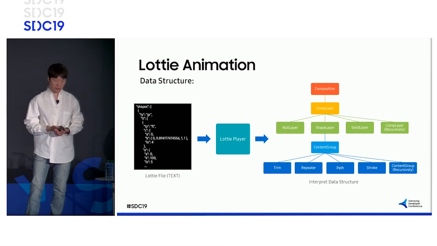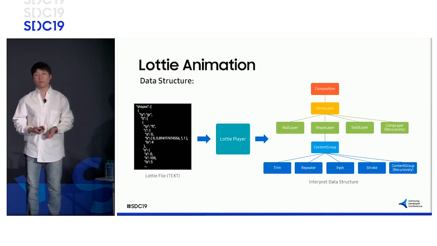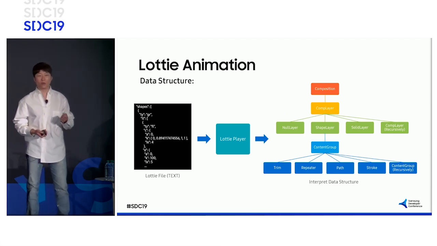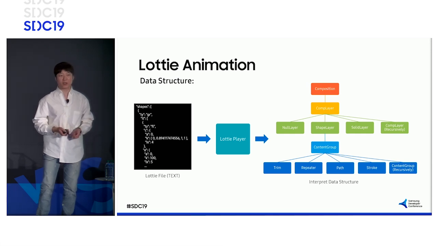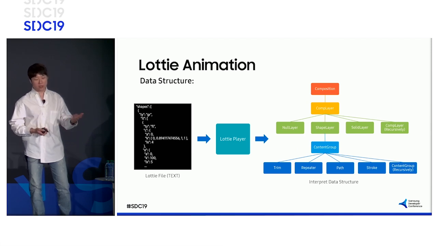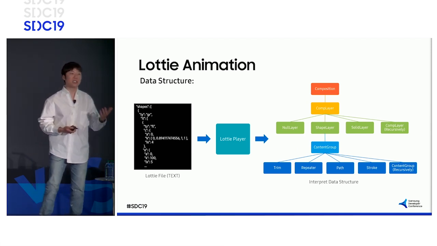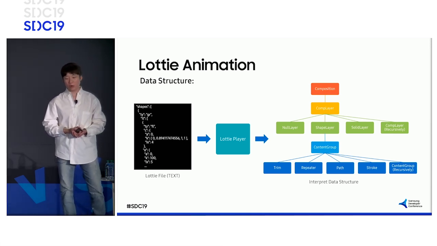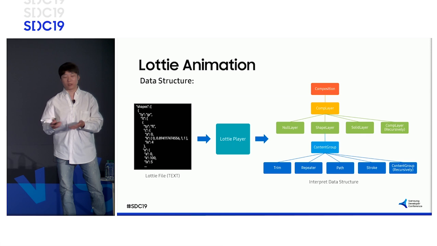Anyway, once applications are ready for reading Lottie files, then the Lottie player takes care of parsing and interpreting the Lottie text, and transforming the text to an interpreted data structure that is designed for Lottie animation. And here, the resulting data structure is quite similar to the original design structure in After Effects, because all design components are roughly going to be converted to data items of the animation structure.